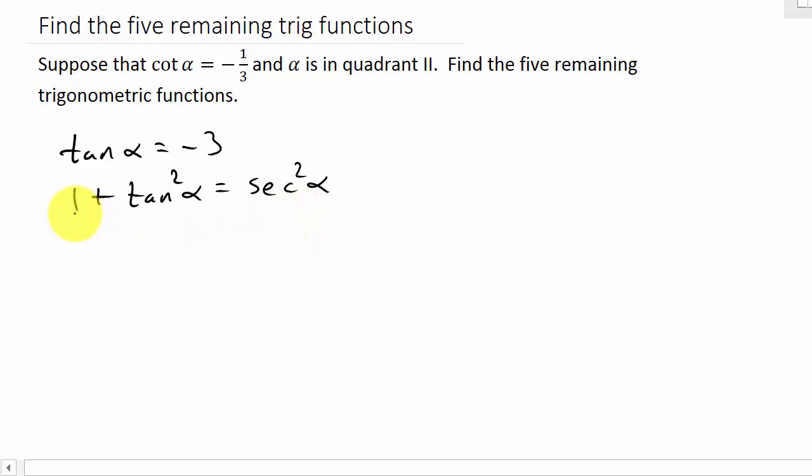Tangent squared alpha is tangent alpha, all of that squared, and in place of tangent alpha I'm going to put negative 3.